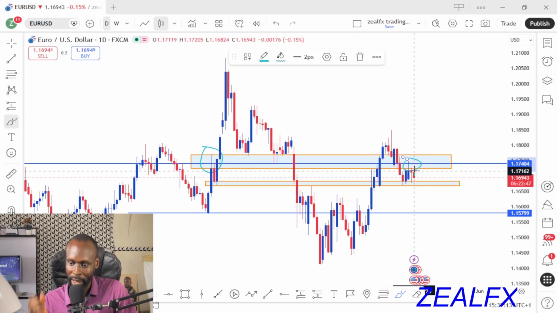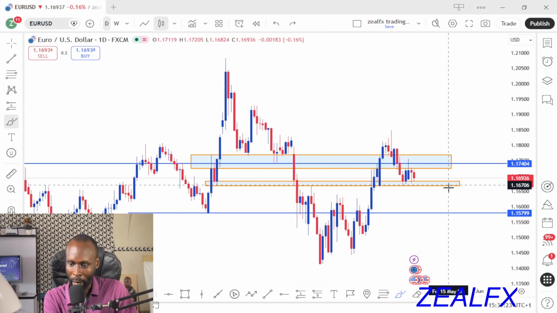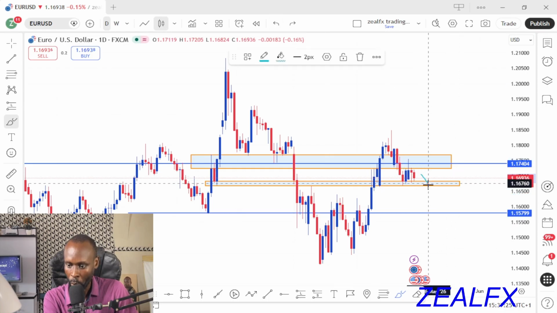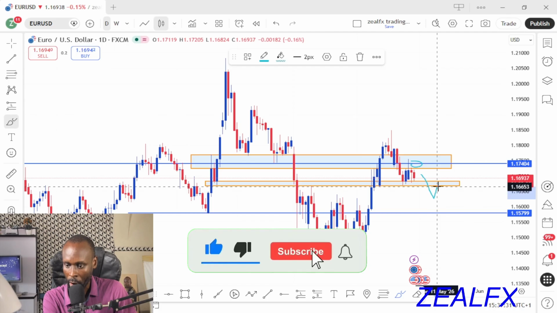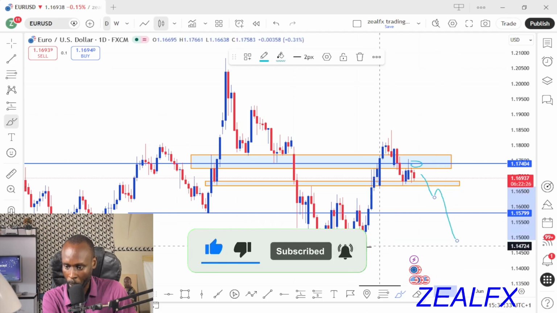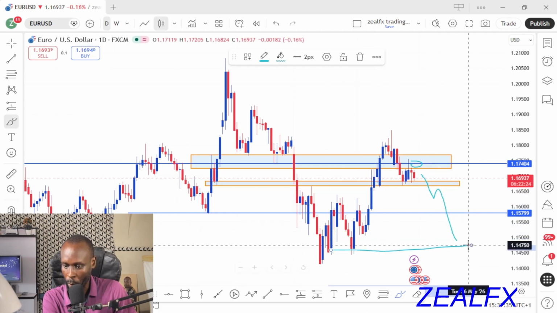So long as price remains below this resistance level, we expect more of the bearish trend for the Euro USD. What we expect next is that we need price to break below this level. So long as price is rejected from this area, we need price below this level, then we expect a retest for the major drop to the next support level on the Euro USD.